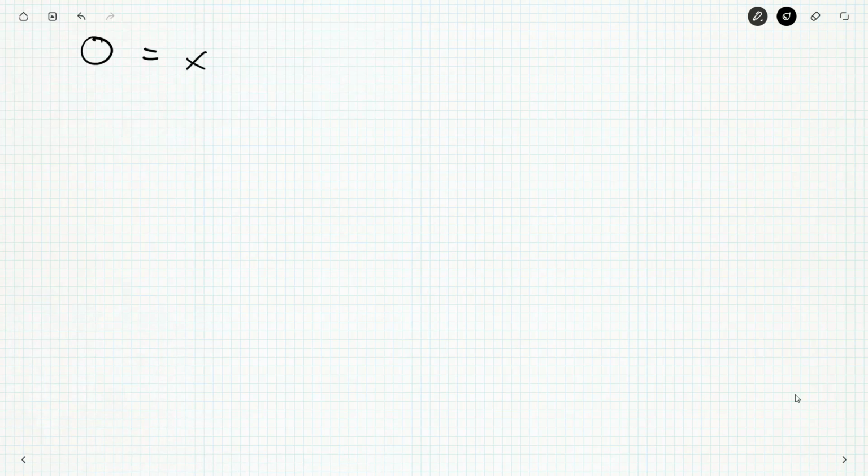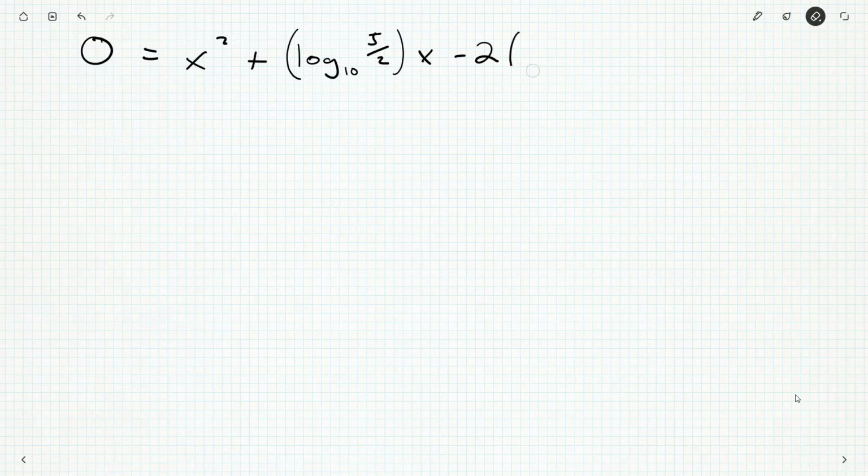So 0, x squared, we had, it would be plus, we had log base 10 of 5 minus log base 10 of 2. So that can become log base 10 of 5 over 2, all times x. And then minus 2 times... Actually, you know what? I could have just simplified it.